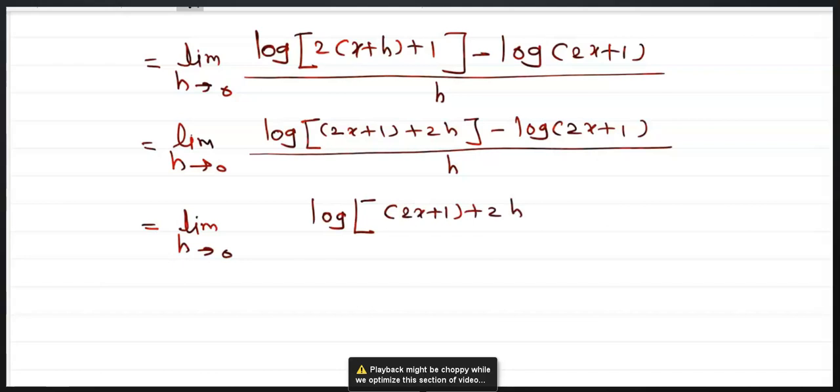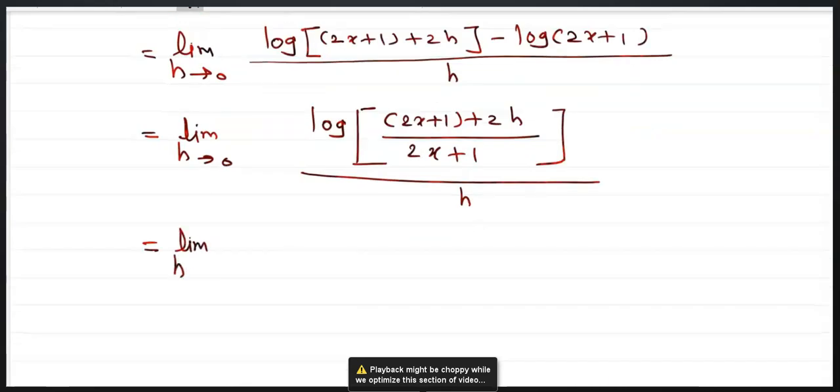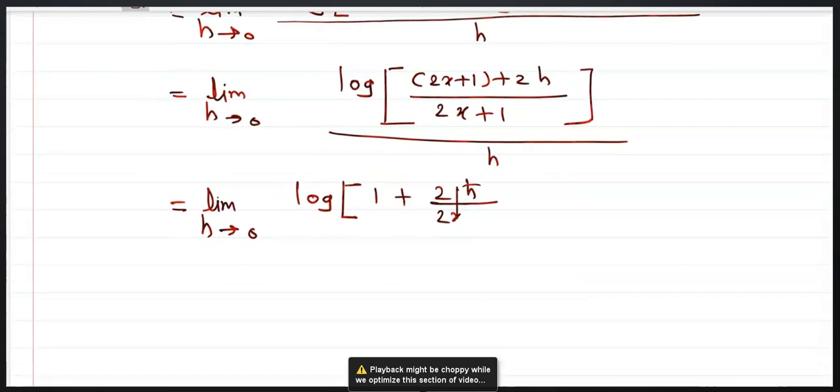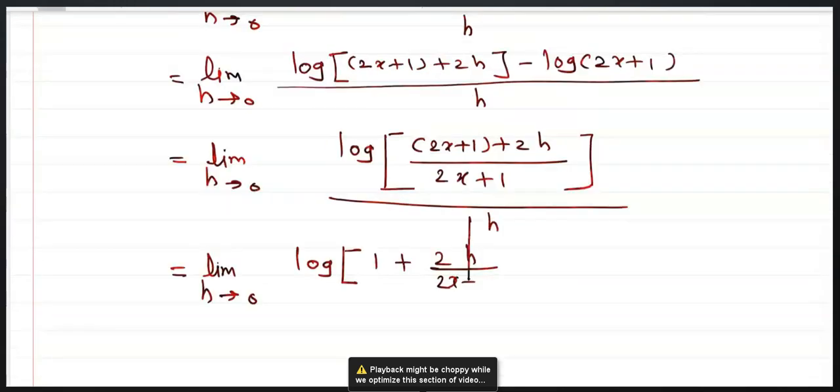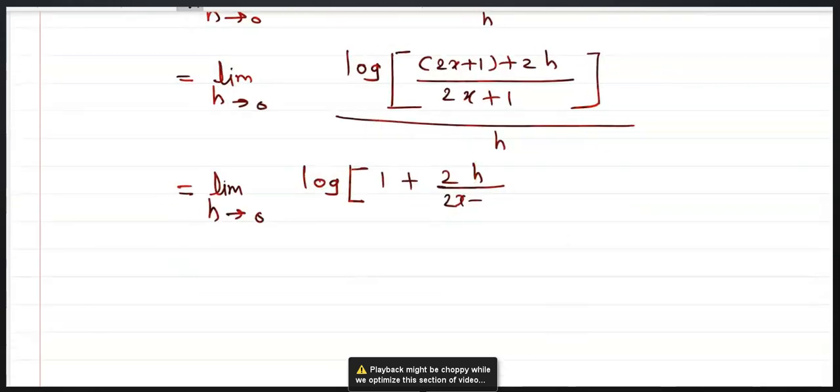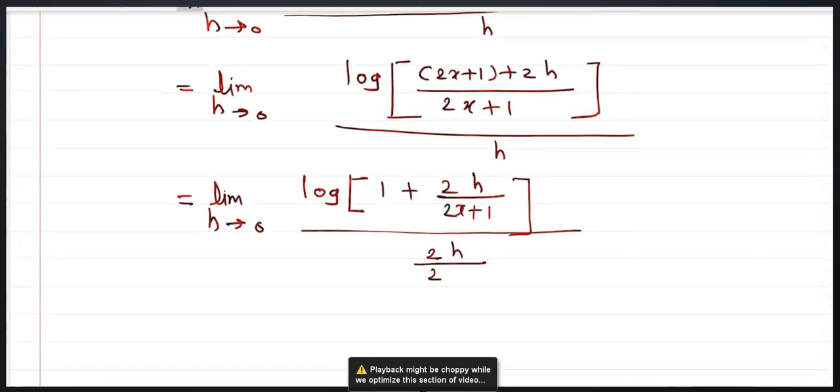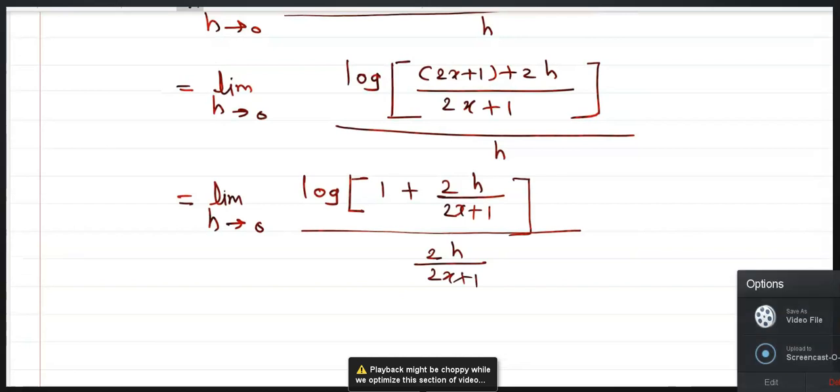And then simplification: limit h tends to 0 log of 1 plus 2h upon 2x plus 1, upon h. Limit h tends to 0 log of in bracket 1 plus 2h upon 2x plus 1, upon 2h upon 2x plus 1.